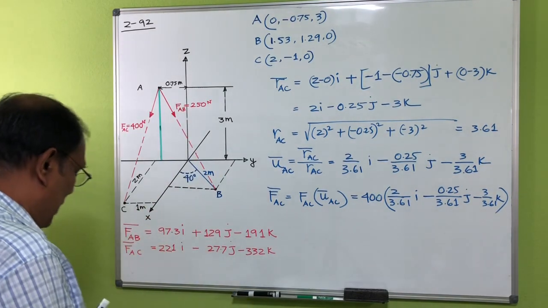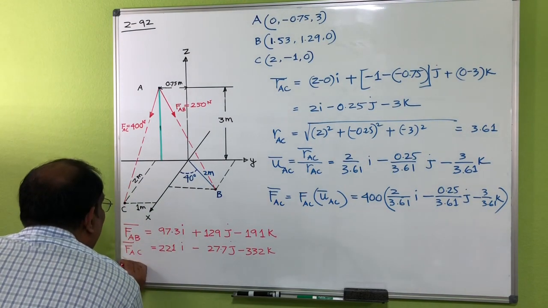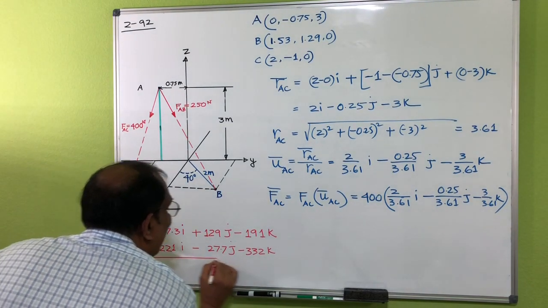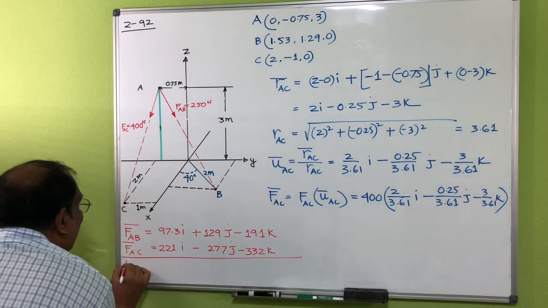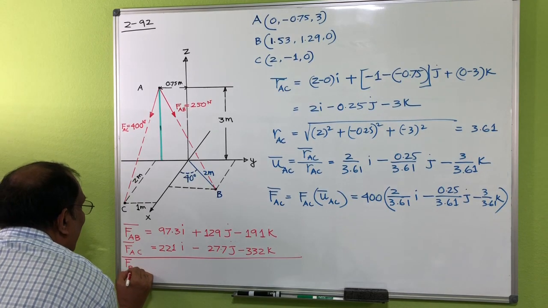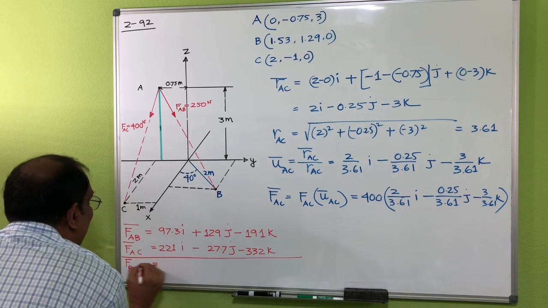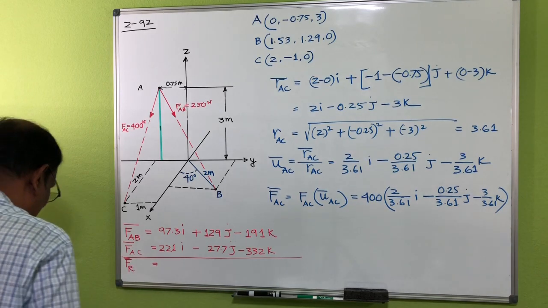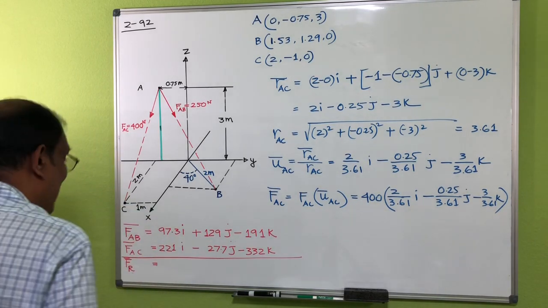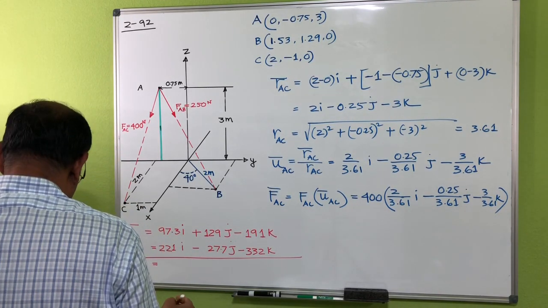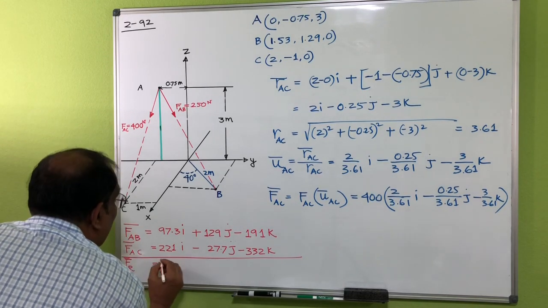So if I do that one, the resultant vector R is basically 97 plus 221, that's 318.